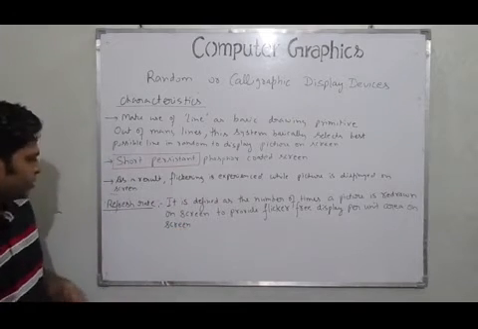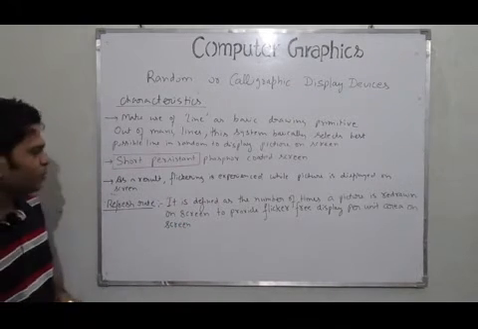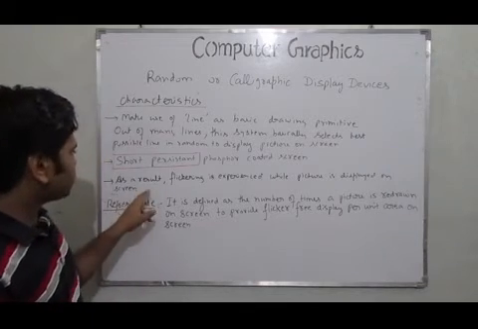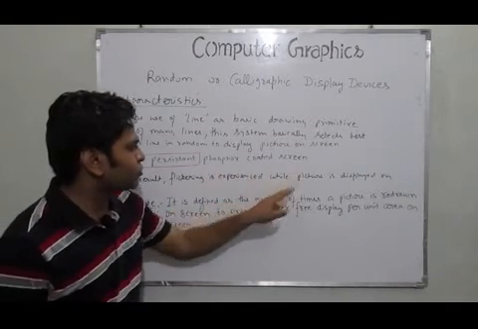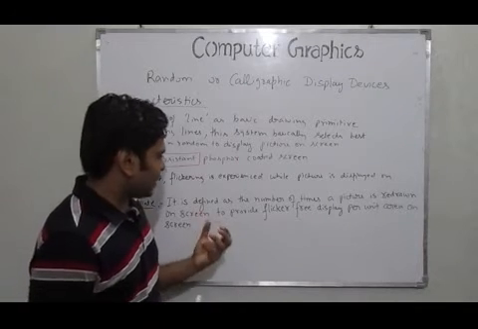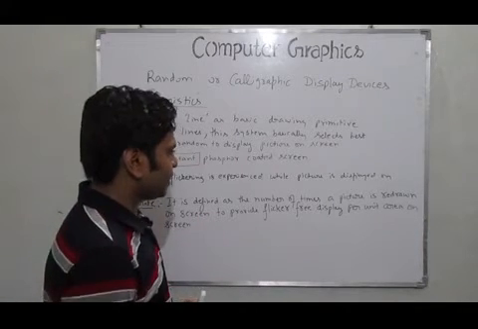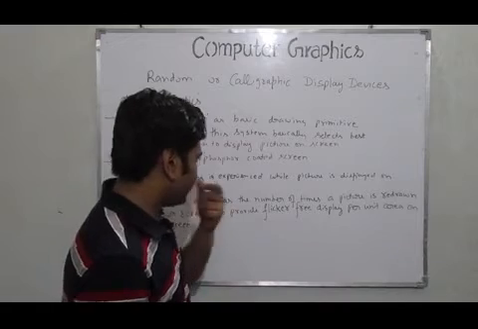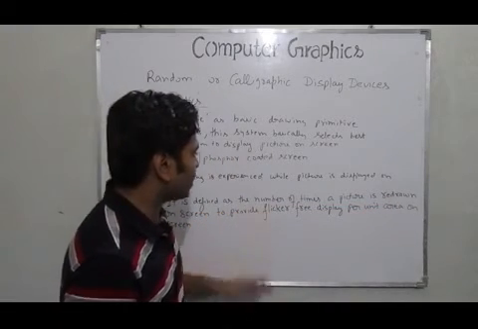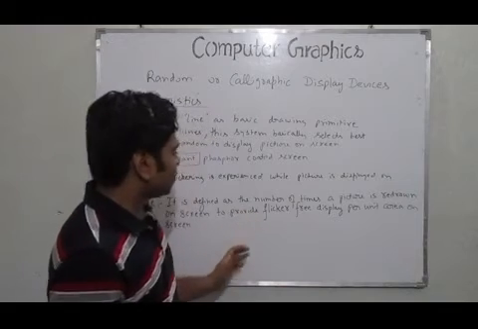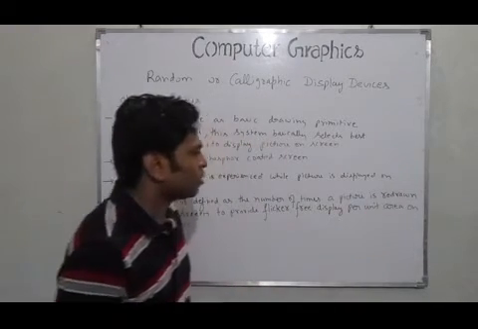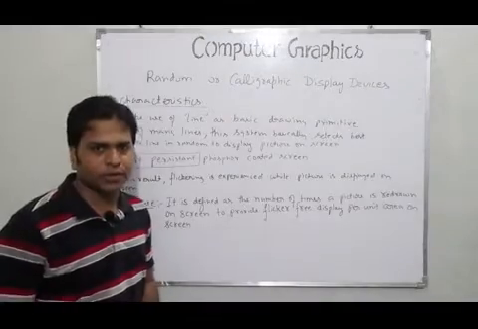It is a very important term that we use with regard to random or calligraphic display devices. In order to avoid the flickering of the picture on screen, refresh rate implies that this technique redraws the picture a certain number of times so that a flicker-free display can be provided.